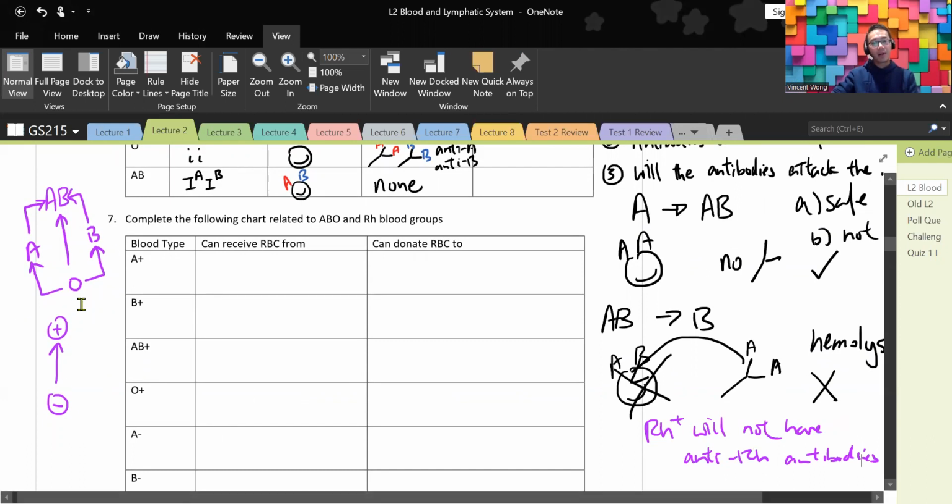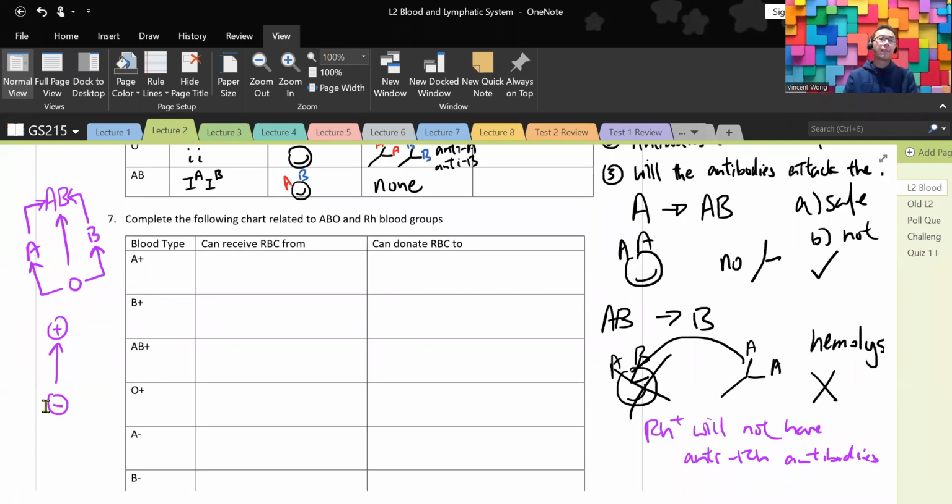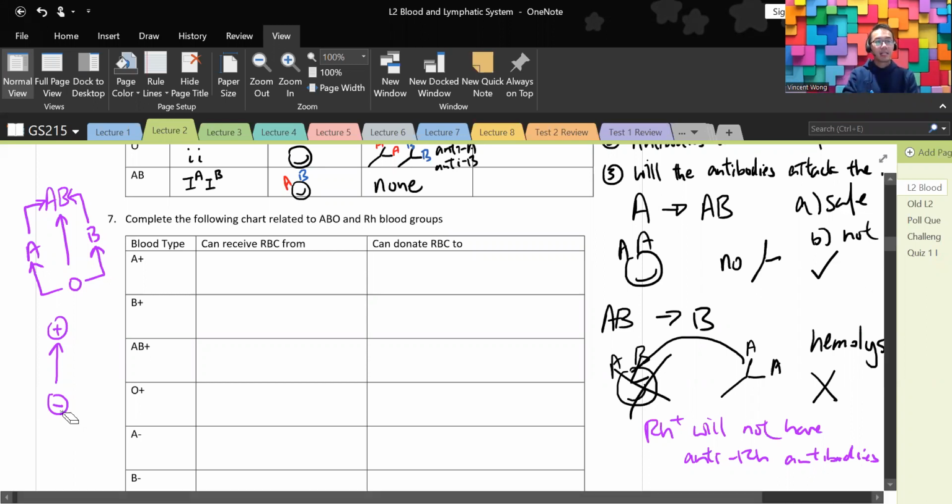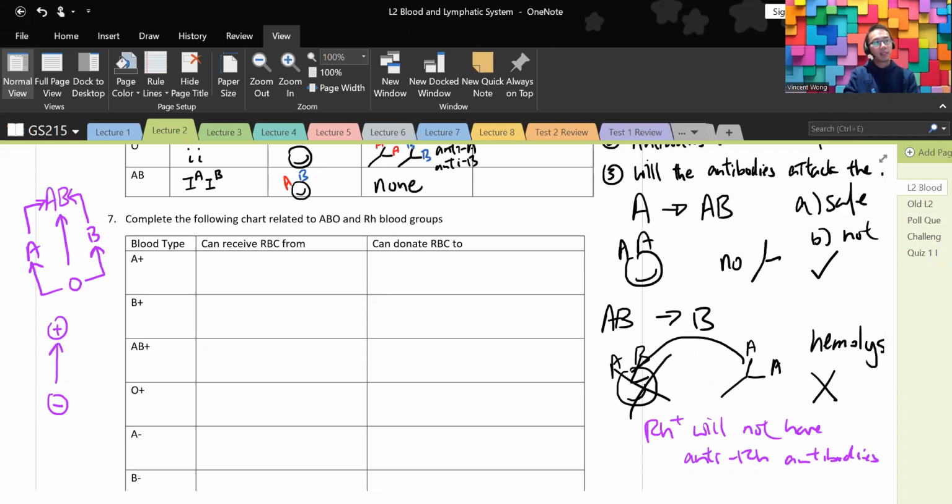If it's the other way around, the negative person, well, if you finish watching all the recordings, then you will know negative people will get sensitized when they receive positive blood, right? That means they will start to make antibodies, and that would not be good. Okay, so only negative people can give to positive. Of course, positive can give to positive as well, okay, but not the other way around. All right.